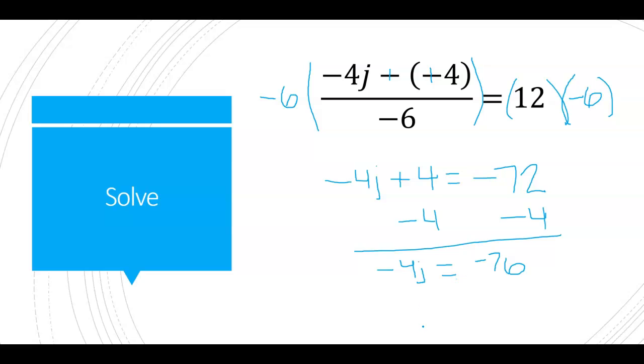What am I going to do, Dominique? Exactly. And what is a negative divided by a negative? Got it, Zoe? Yeah. So 76 divided by 4 became... Madison? Good.